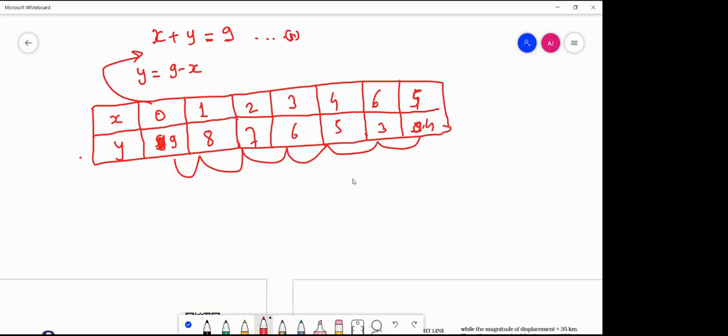So the equation having two unknown quantities, in bracket variables, with maximum power 1, is called a linear equation in two variable.